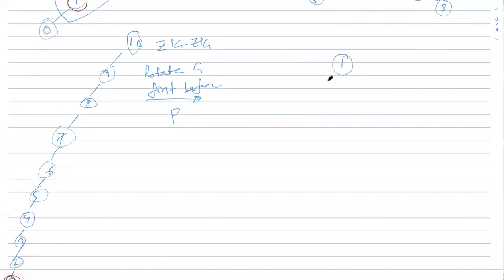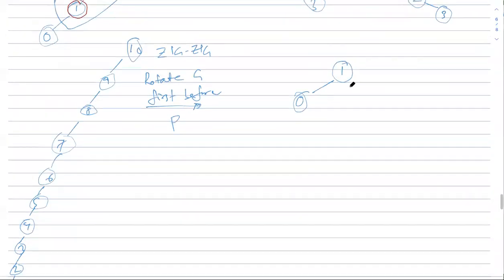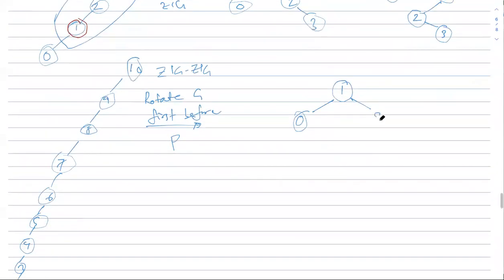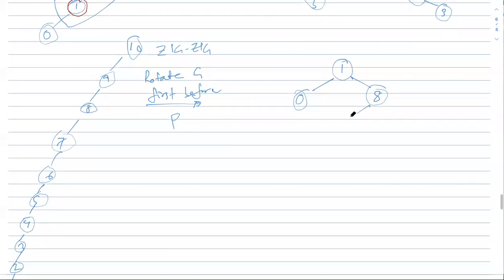We will reach this configuration. 1 will come to the top, and then 0, very similar to this. And then on this side, you will have 8, and then 6, so 9, 10, and you have 6, 7, 4, 5, 2, 3.